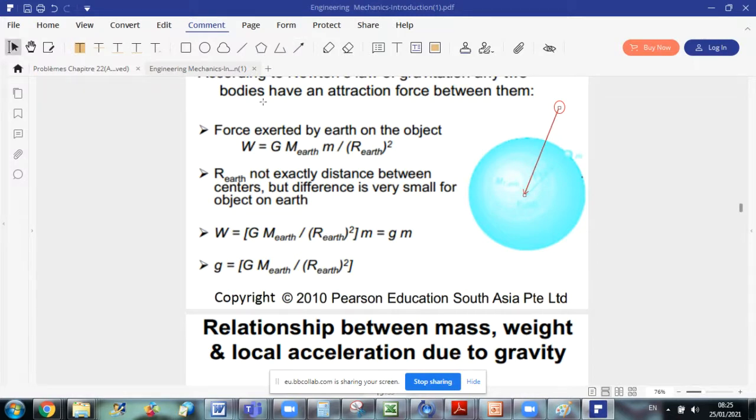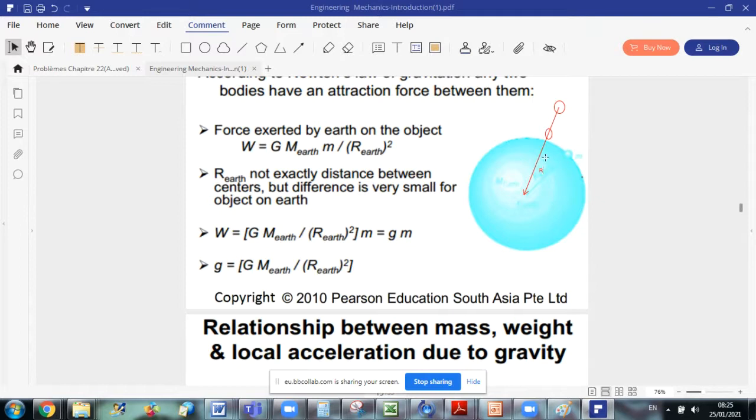So in general, if we consider a particle on the surface of the Earth, then the distance between the centers is nearly what? It's equal to the radius of the Earth, r.